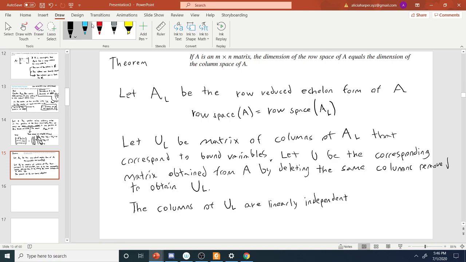So this tells us that the columns of U are linearly independent.